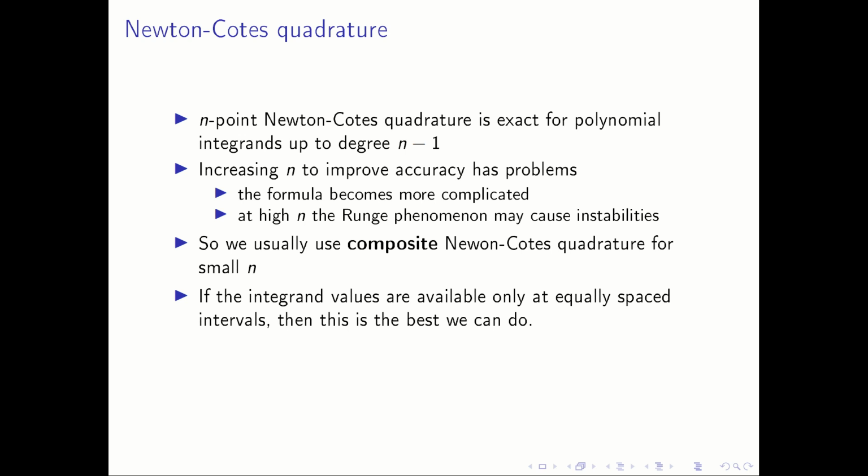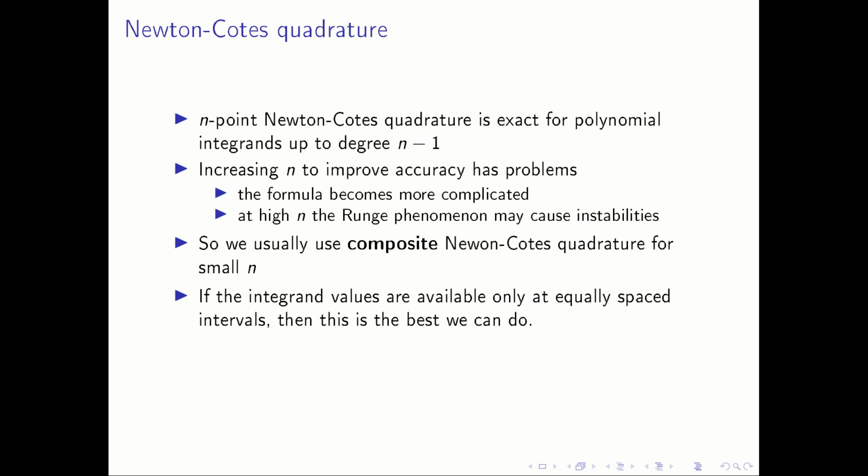So we are only evaluating that at certain special points, or could be because these integrand values are available only via some kind of experiment, and this is really experimental data, and we want to find the area under the curve for experimental data, and so we can only do a finite number of evaluations. Then this is the best we can do. If the data are available only at equally spaced intervals, then you cannot do much better than using Newton-Cotes.